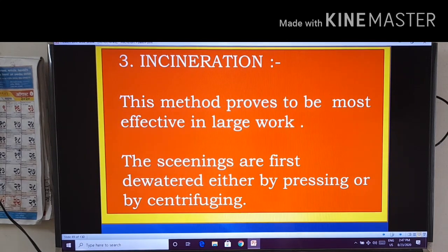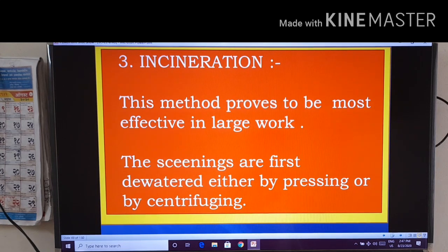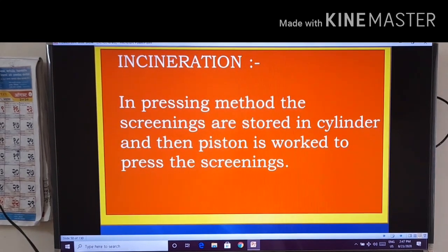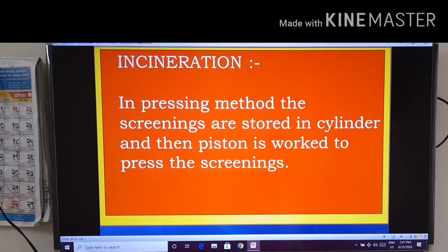Third method, incineration. This method proves to be most effective in large works. The screenings are first dewatered either by pressing or by centrifuging. In the pressing method, the screenings are stored in the cylinder and then a piston is worked to press the screenings.